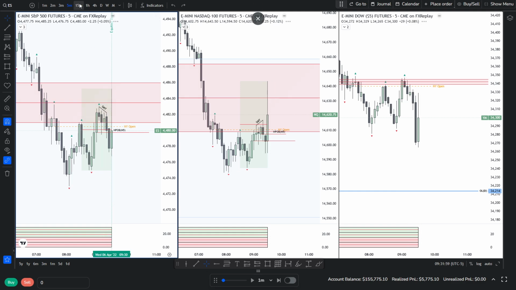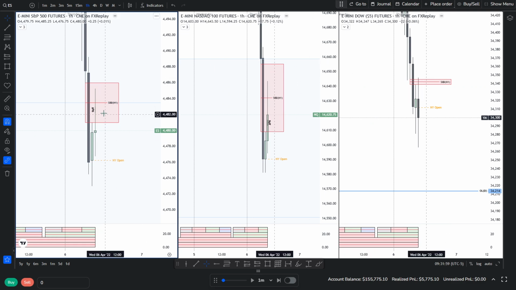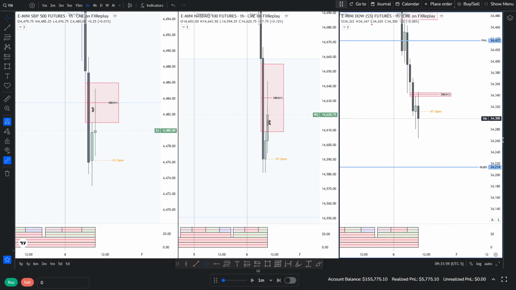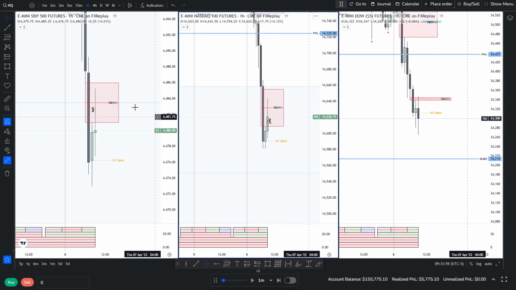So I want to zoom out. So rejected from CE, however, no SMT or anything has formed.